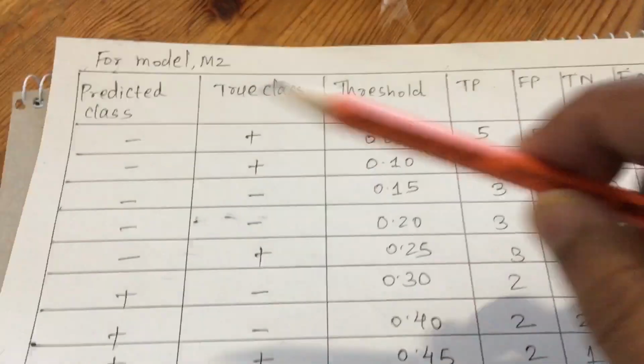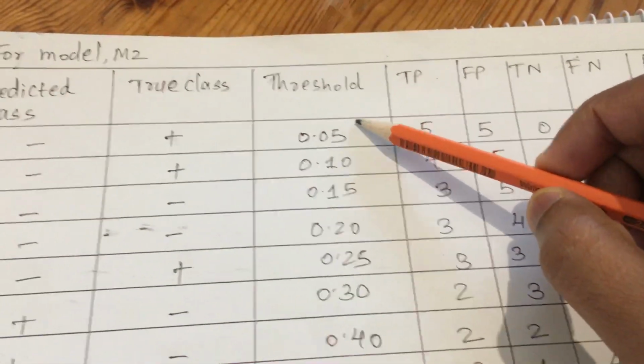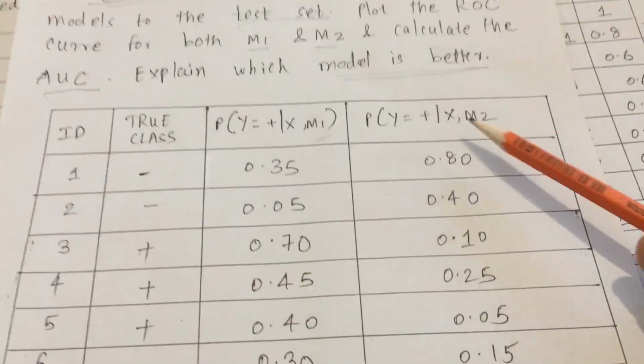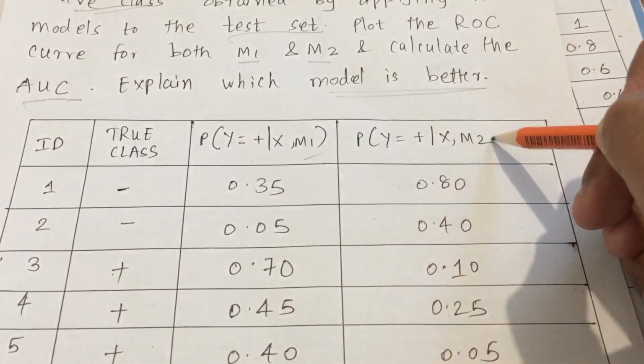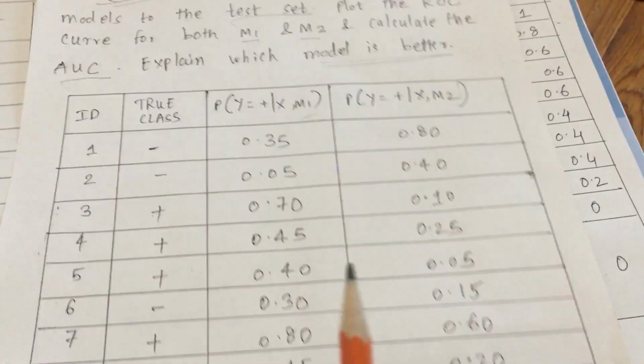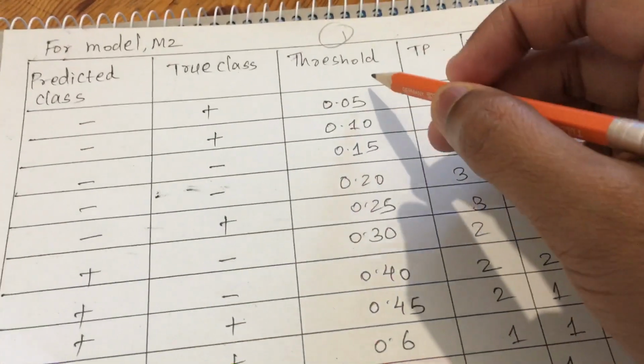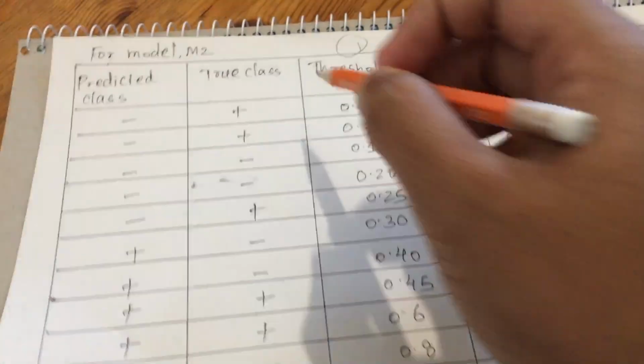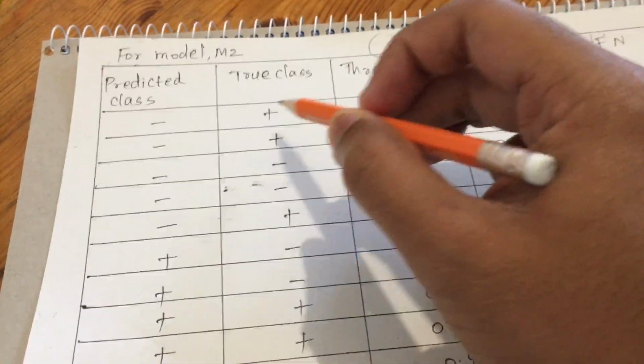Then for model M2 you again need to do the calculation, as we have a different set of thresholds. So this is the threshold for model 2. Again we need to arrange the values from small to big. Then comes the true class, and accordingly you update the true class, then the predicted class.